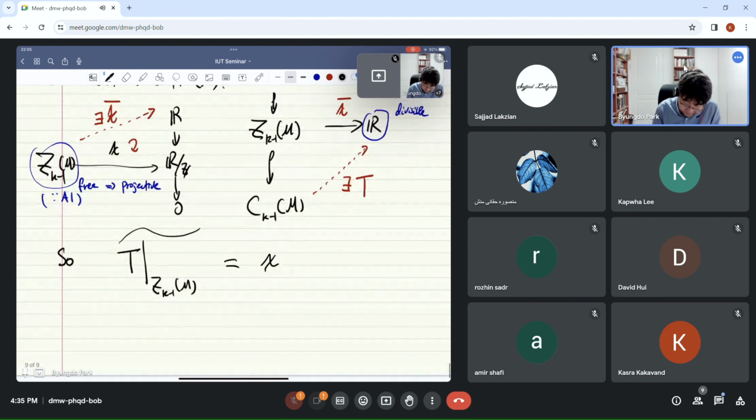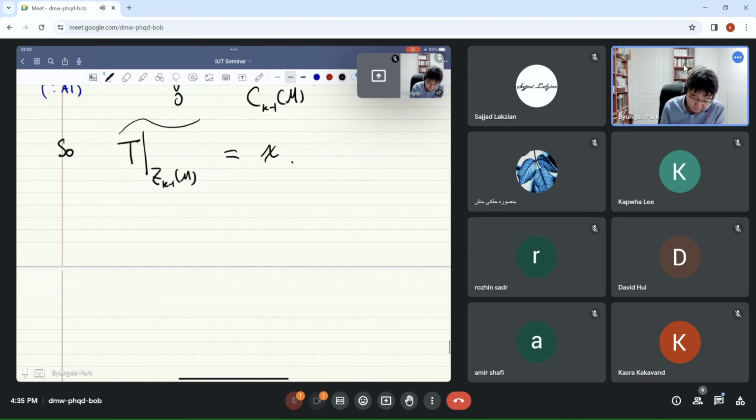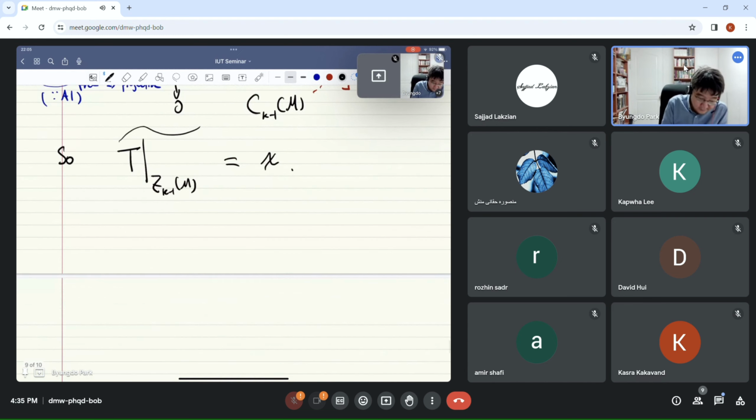So we have this in mind. Now let's look at the co-boundary of T twiddle. Why?